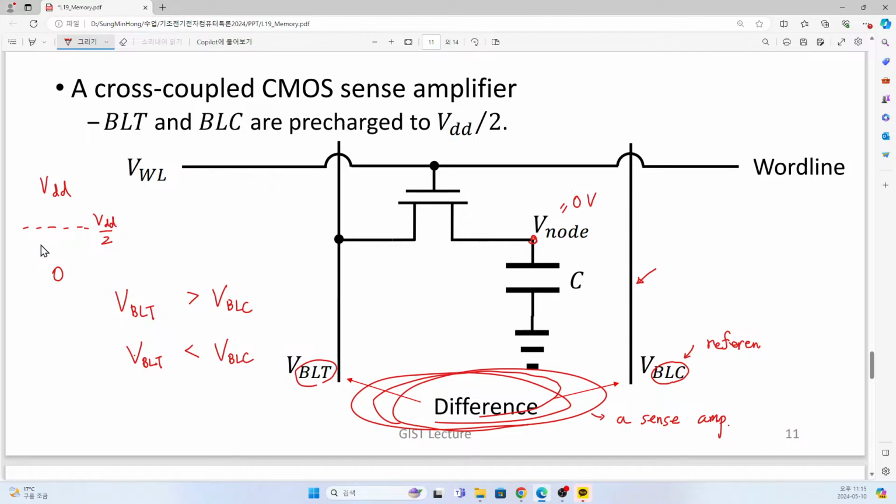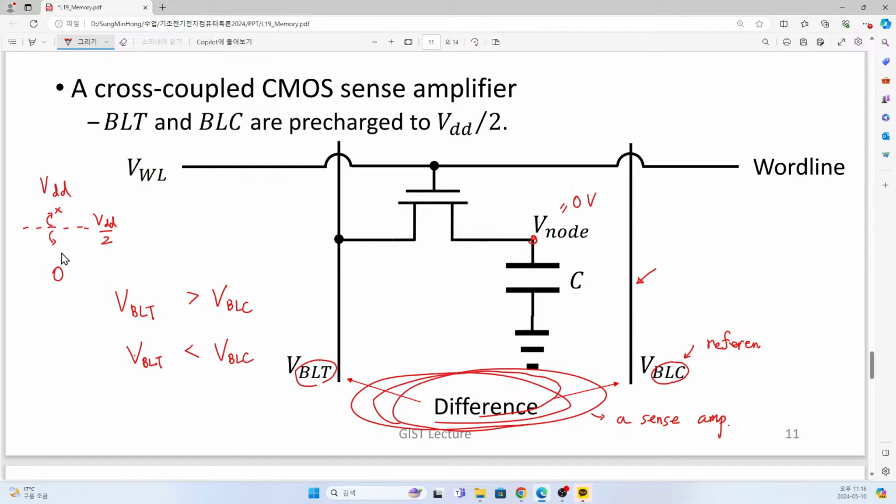So we start from this neutral value half VDD, and if BLT voltage becomes higher than this value, it means that our original stored value is logical 1. And if it goes below half VDD, then the original stored value is 0.